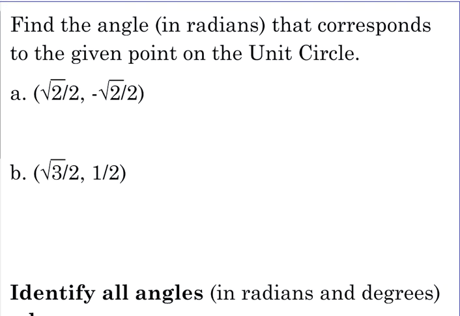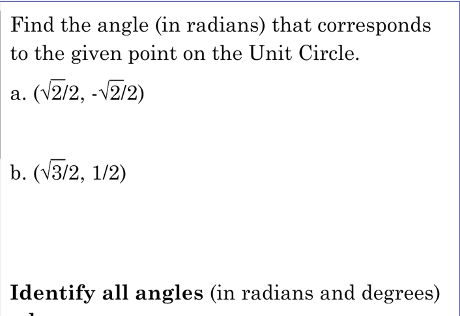Okay, here's another way that we can use this. If we are given the point on the unit circle and we're asked for the angle in radians, instead of just searching all over the unit circle, let's use a little bit of common sense for a second. We have a positive x and a negative y. Which quadrant are we looking for?